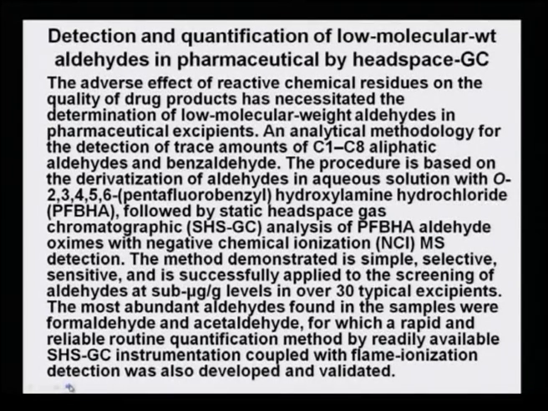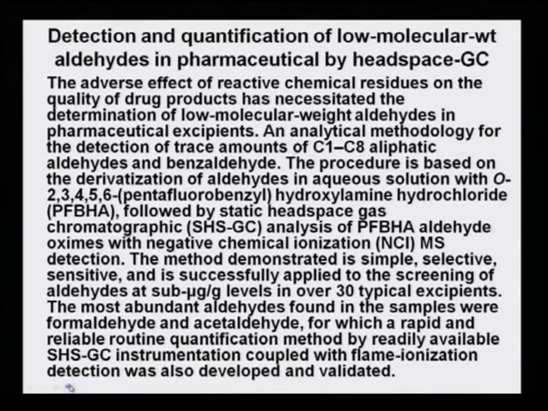They are very sensitive. The method that is demonstrated is simple, selective, sensitive, and is successfully applied to the screening of aldehydes even at microgram per gram levels in over 30 typical examples.